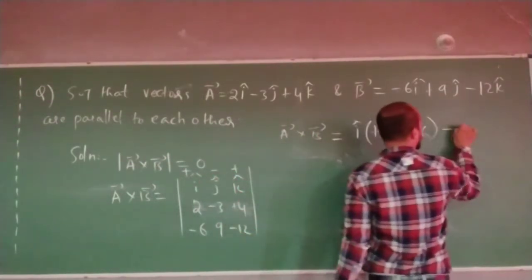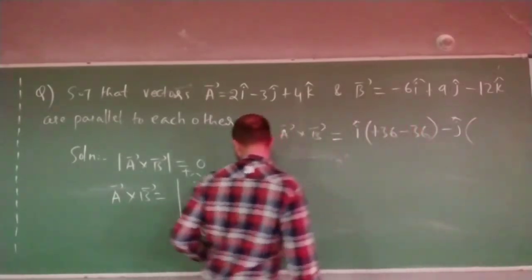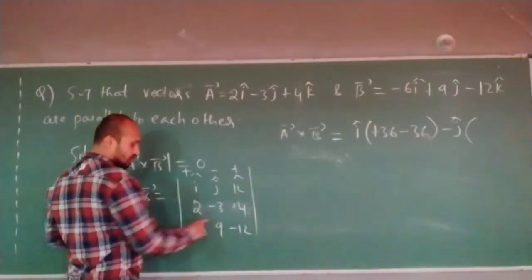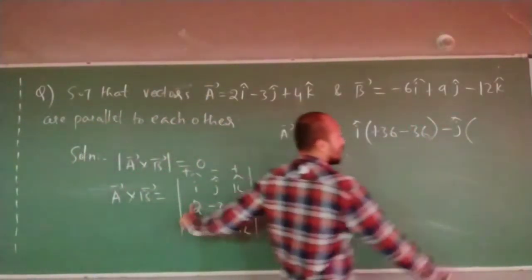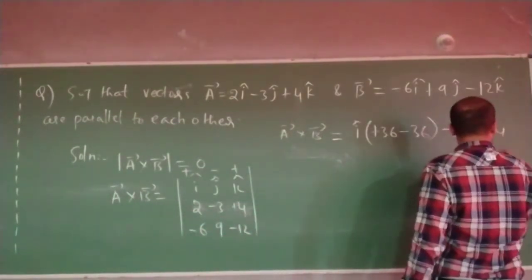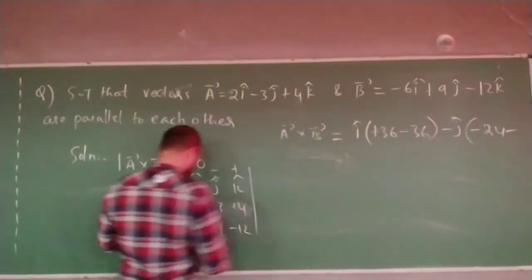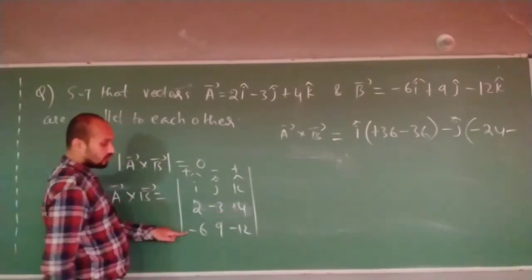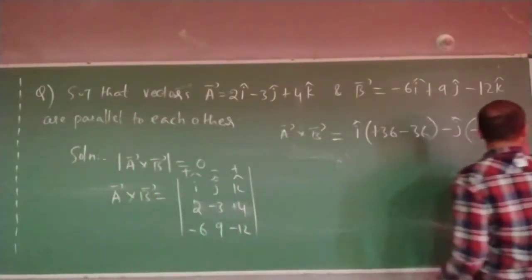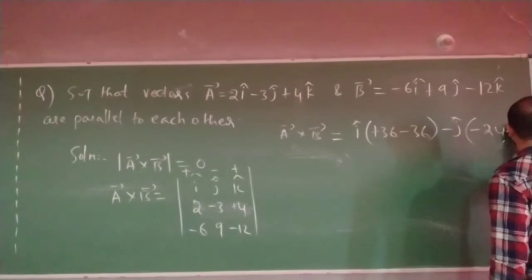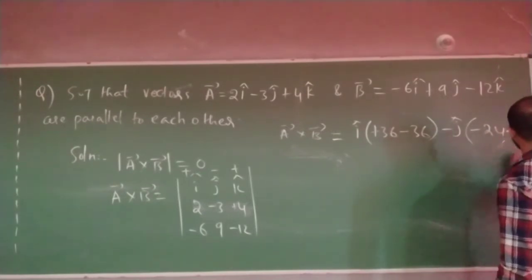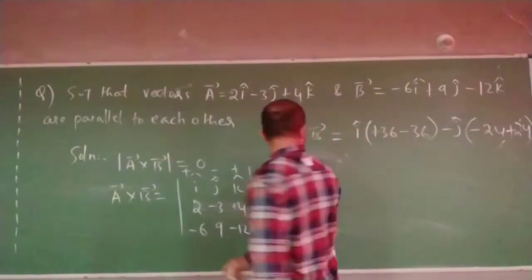Second, minus j cap. Forget about this column, this row. 2 into minus 12 is minus 24, minus 6 into plus 4, again minus 24. That means plus 24, minus of minus will become plus 24.